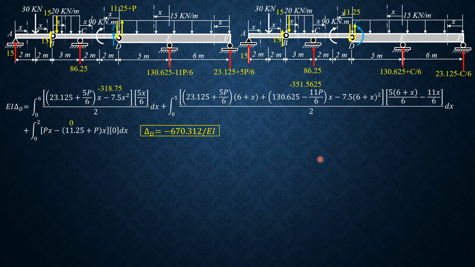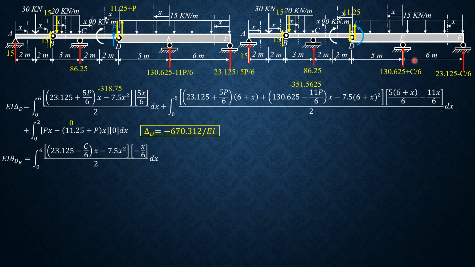So that's it. The moment equation here would not be a function of the couple anymore because the couple is just to the right. So we only have two integrals in this section and this section. Therefore, EI theta D just to the right equals the integral from 0 to 6 of quantity 23.125 minus couple over 6 times x minus 7.5 x squared, then the partial derivative is negative x over 6, over 2, dx.